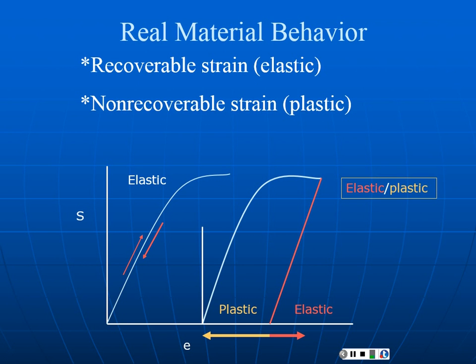Now, in most cases, materials are elastic only over the linear portion of this curve. So as long as I don't exceed the proportional limit, the material will go back to its original shape. Metals are that way, polymers are that way, ceramics are that way. Stay in the linear portion of the curve, and when I unload, everything goes back to 0 strain.